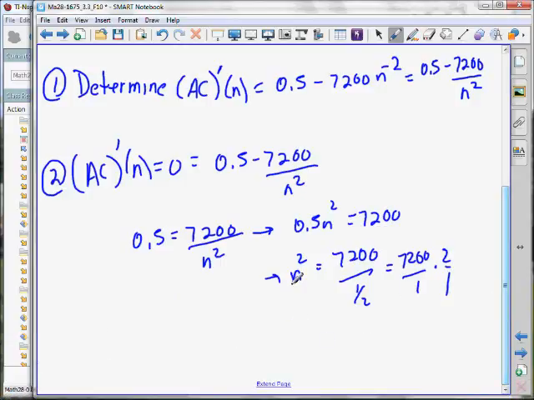So I've got here n squared equals 14,400. N is going to be plus or minus the square root of 14,400.